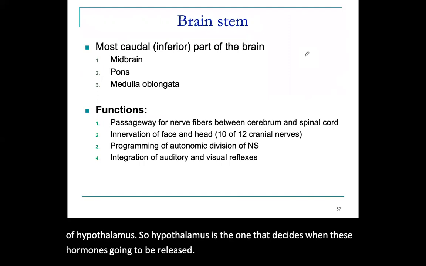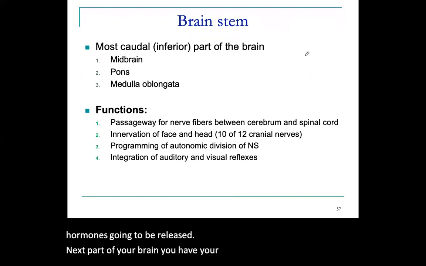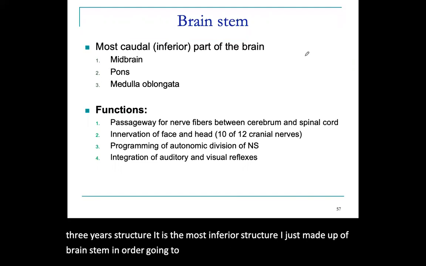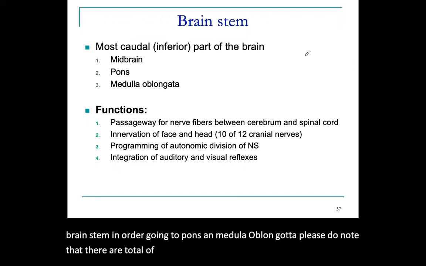Next part of your brain, you have your brain stem, which is made up of three structures. It is the most inferior structure. It is made up of the midbrain, going to the pons and medulla oblongata. Please do note that there are a total of 12 cranial nerves that are basically coming off of your brain.